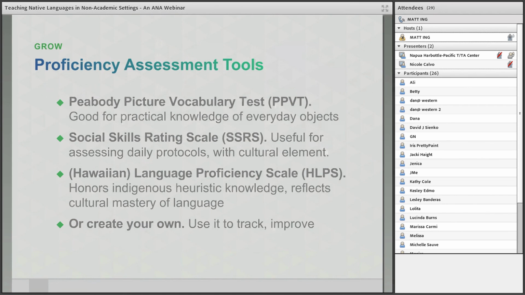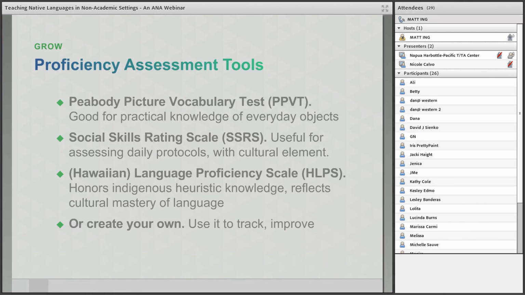Part of growth, for many people, is the use of proficiency assessment tools. There are several proficiency assessment tools that we have, as an example, the Peabody Picture Vocabulary Test.